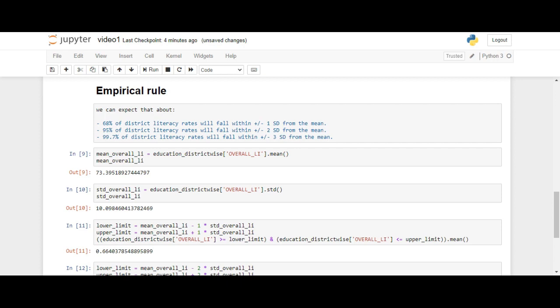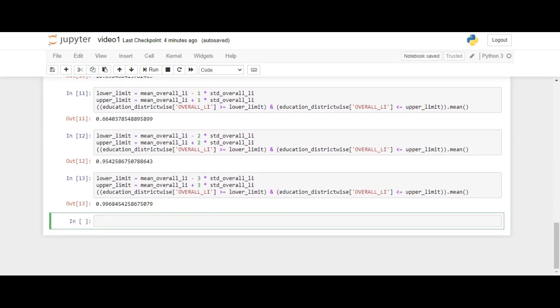So apparently all these three values of 66.4, 95.4, and 99.6% are very close to what the empirical rule suggests, roughly 68, 95, and 99.7%. At this point, it's safe to say that our data follows a normal distribution.